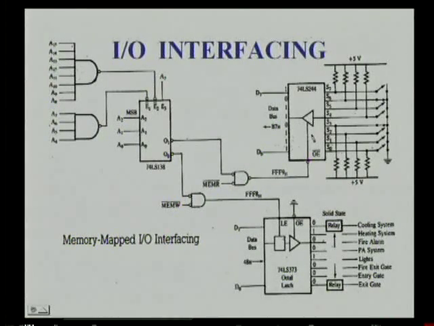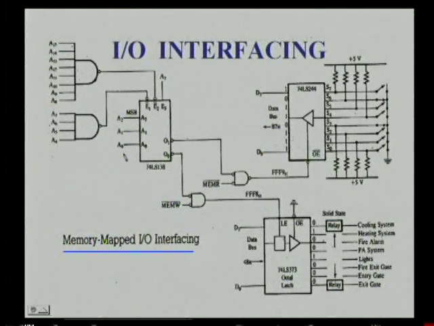For the first input device, you see the address is FF9. Here a 16-bit address is used, that is, for identifying this particular input device or output device, the processor is using a 16-bit address, unlike the previous case. So, the processor is identifying these devices like memory locations, hence this is memory mapped IO interfacing.